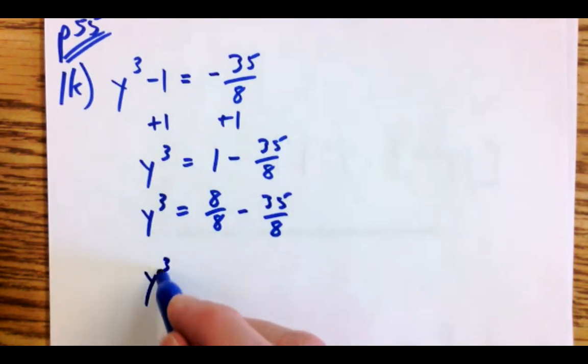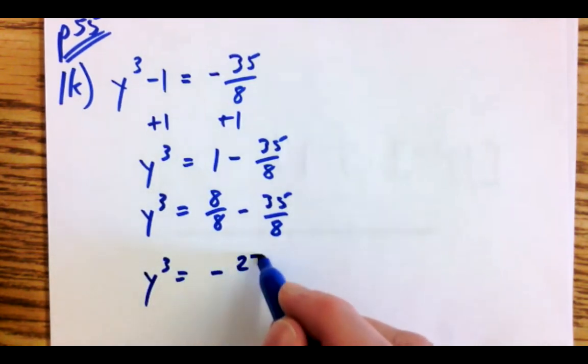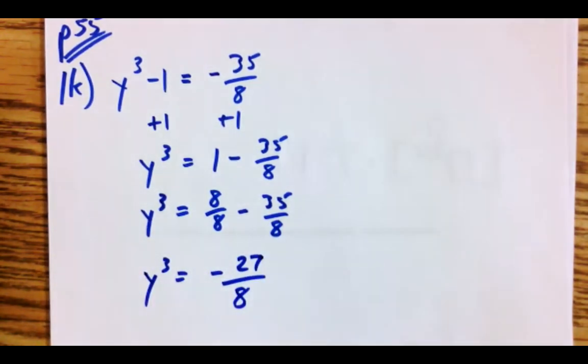So y cubed equals negative 27 over 8. Any problems so far? Is that the final answer? Nope.